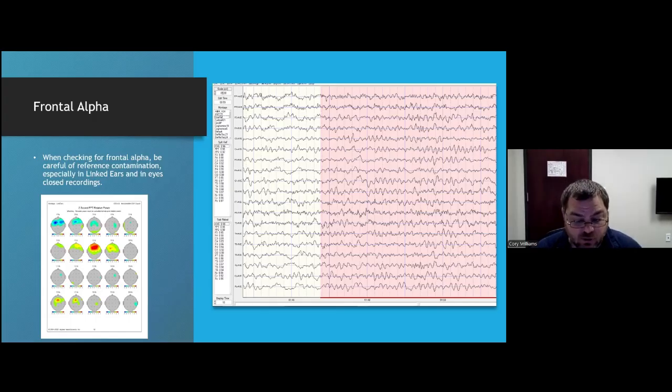So if you're a person who lives in the linked ears montage, I would, one, encourage you to explore some other montages, but two, I would say that you're going to run into some reference contamination, and that's going to muddy your frontal alpha picture. So just be aware of that when you're trying to make recommendations about whether or not someone has frontal alpha and should be taking antidepressants.